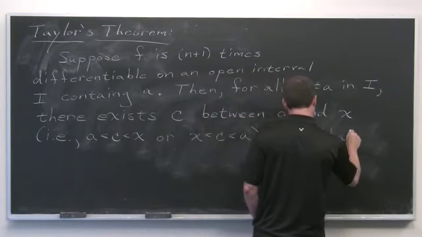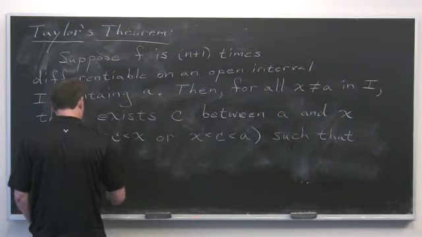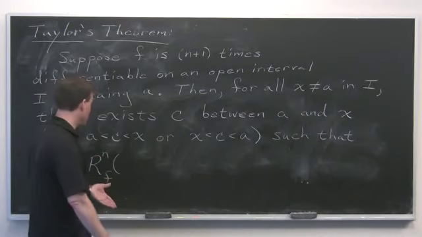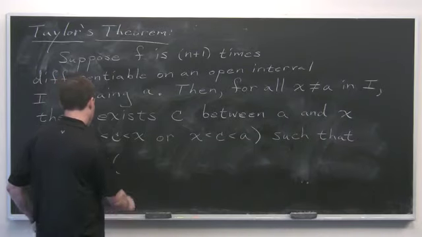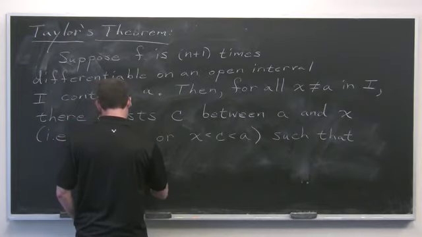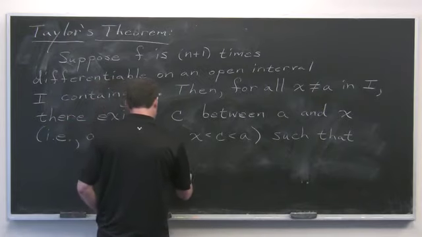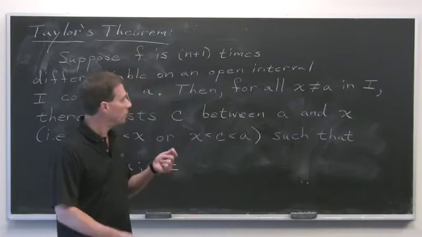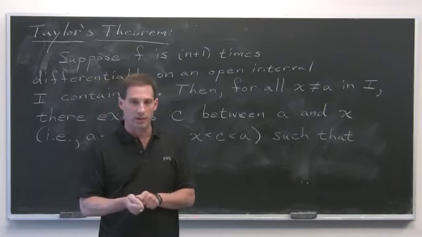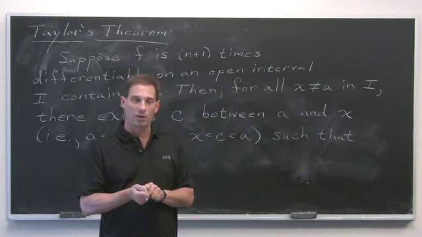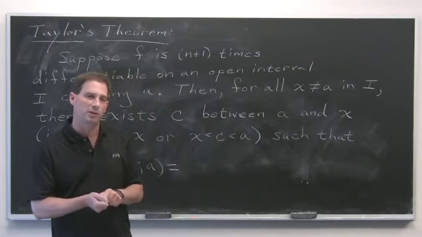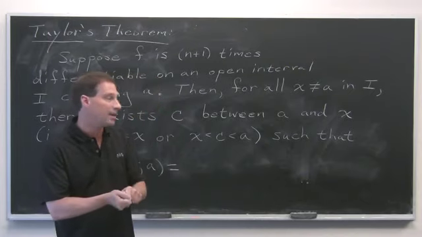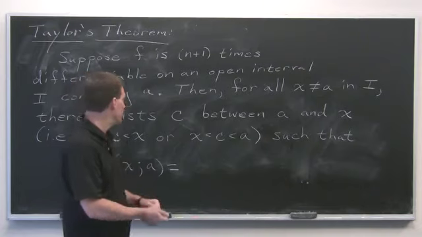the nth remainder in approximating a function by its nth order Taylor polynomial centered at A equals, and to tell you how to remember this, it looks just like what would be the n plus first term in a Taylor polynomial, except where you would normally have the n plus first derivative of f at A, it's at C instead.